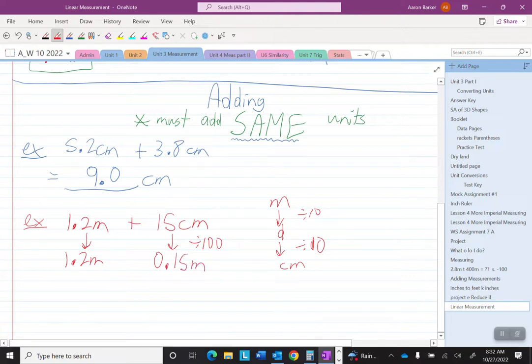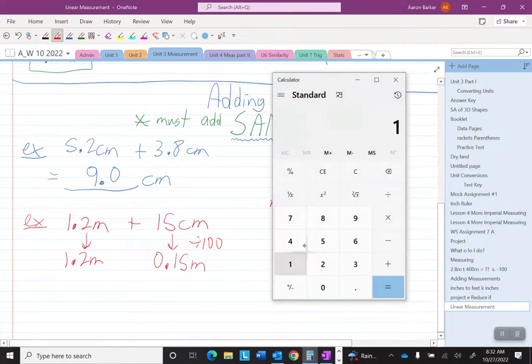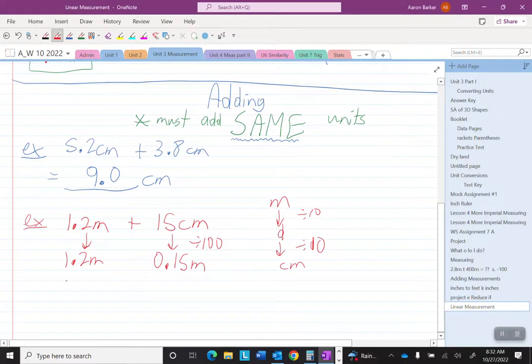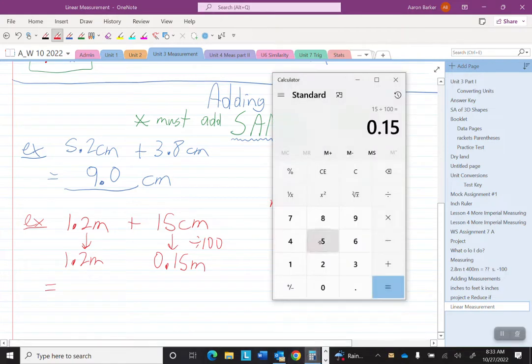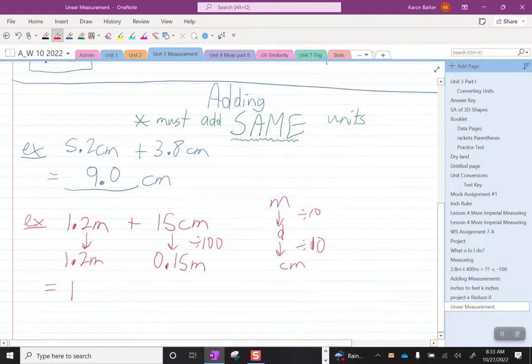So you go to your calculator and you go 15 divided by 100. Now you can add them up. Once the units are the same, easy peasy, lemon squeezy, go ahead. 1.2 plus 0.15, et voila, 1.35 meters.